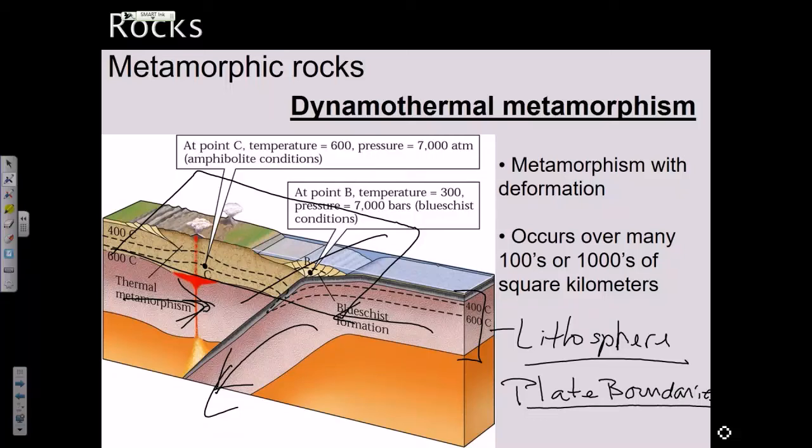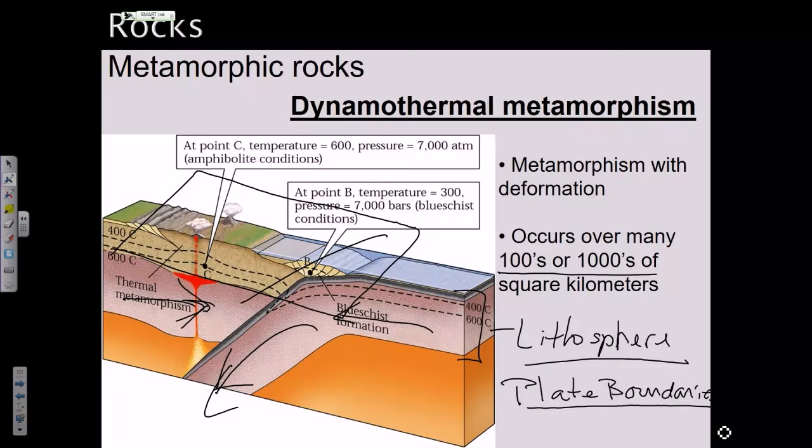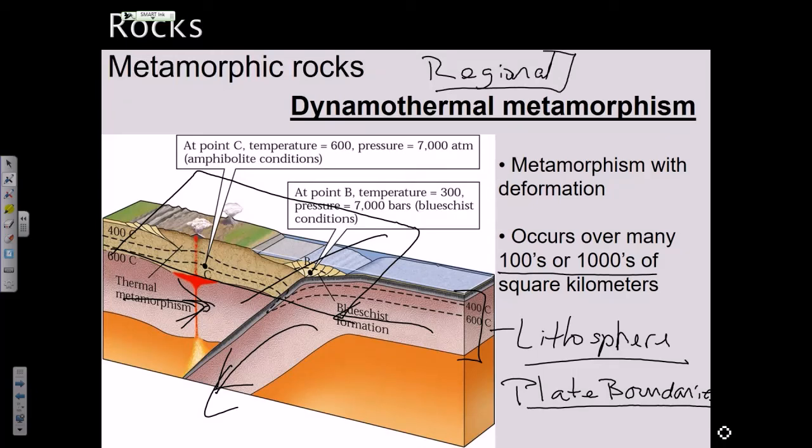So all of them would contain these kinds of rocks, and that means that we're talking about hundreds and thousands of square kilometers being affected by dynamothermal metamorphism, or your textbook will use a term commonly called regional. Okay, regional just means large area.